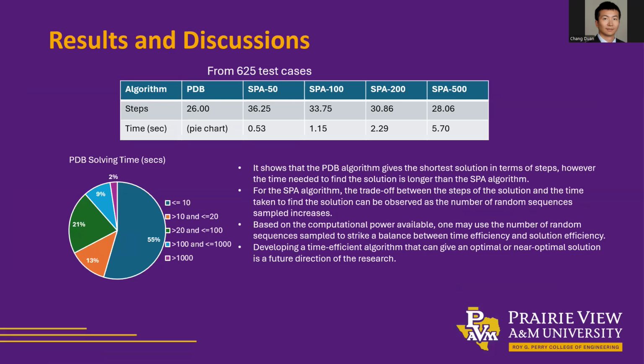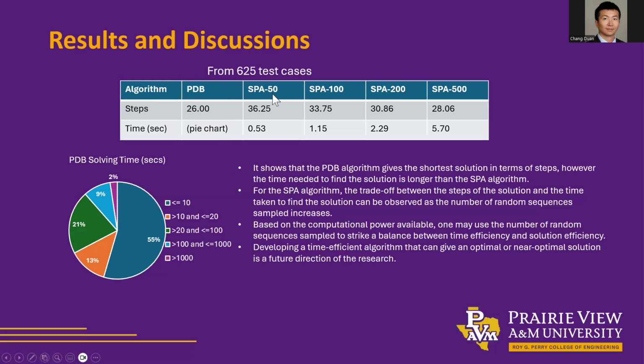So to test the 2 algorithms, we generated 625 test cases from the permutation of 25 initial puzzle patterns and 25 goal patterns. And the result is summarized in the table, right? The PDB algorithm stands for the pattern database based algorithm, and SPA stands for the sequential path planning with A star search.